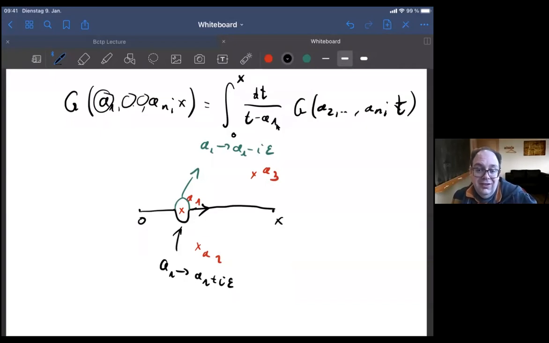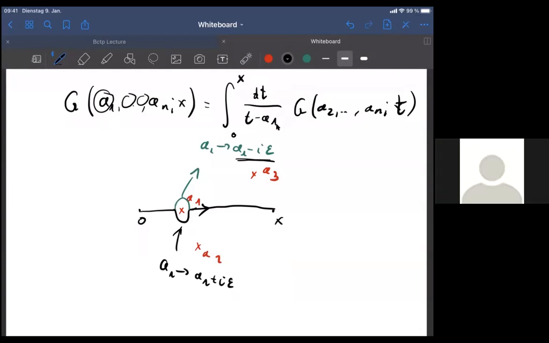And then the shuffle algebra would not like that, because you would have products of things which were linear combinations. As long as you just indent the path, or equivalently just give small imaginary parts, that's fine. It's just that A1 was shifted slightly off, and then you're no longer in trouble and all the relations hold.